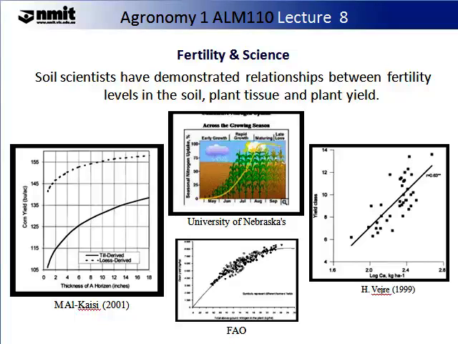These soils were analysed for their exchangeable calcium, potassium and magnesium. Research here demonstrated that the more calcium you added, the more yield you could obtain. These are just some of the many experiments that have demonstrated the relationship between fertility, nutrients, soil, plant tissue, and plant yield.